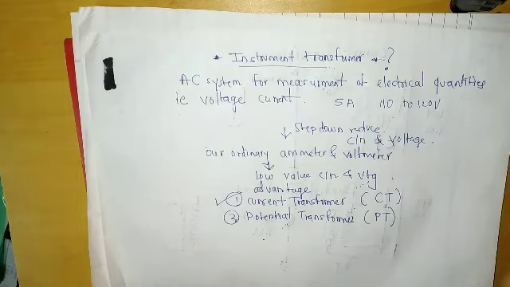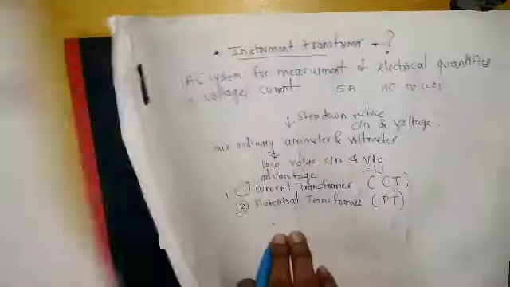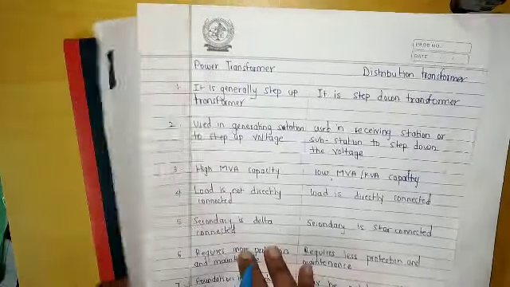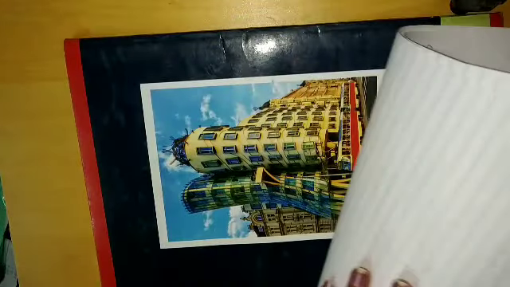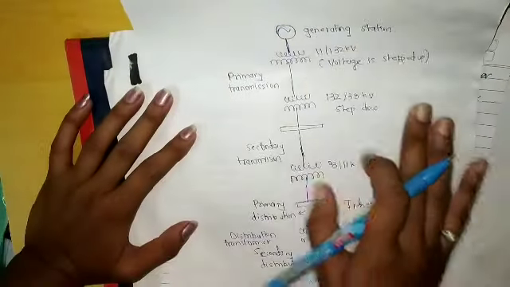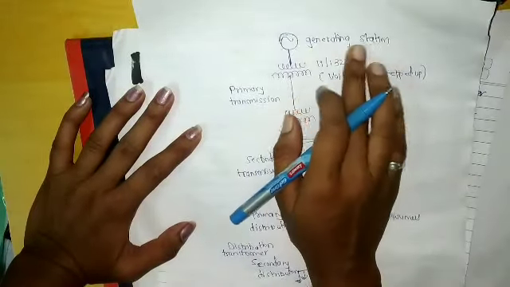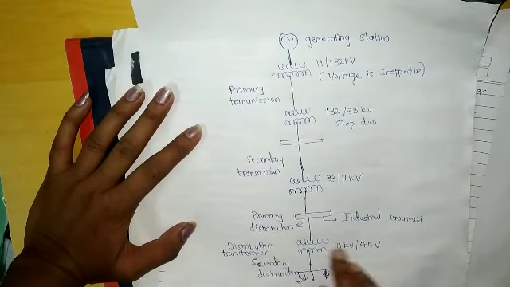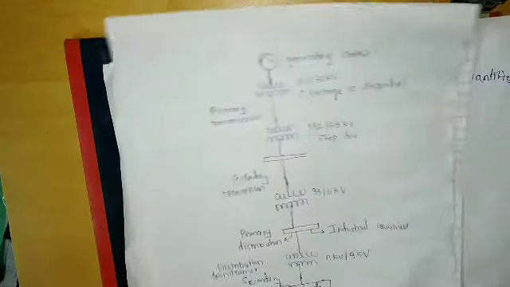Now we will move to the next topic, that is the comparison of power transformer and distribution transformer. Before that, we will understand the single line diagram. So this is the generating station and this is the distribution. Means what?